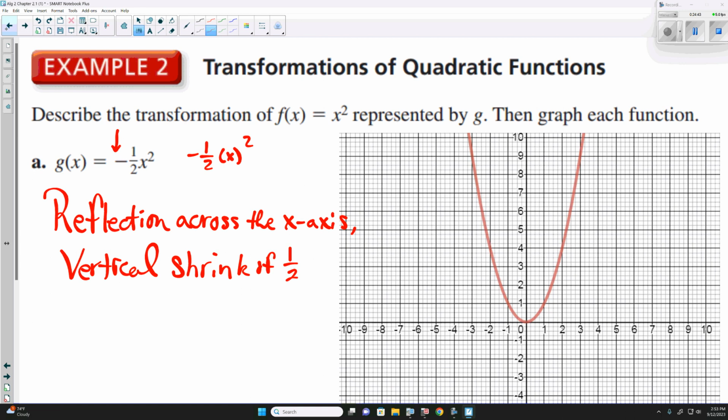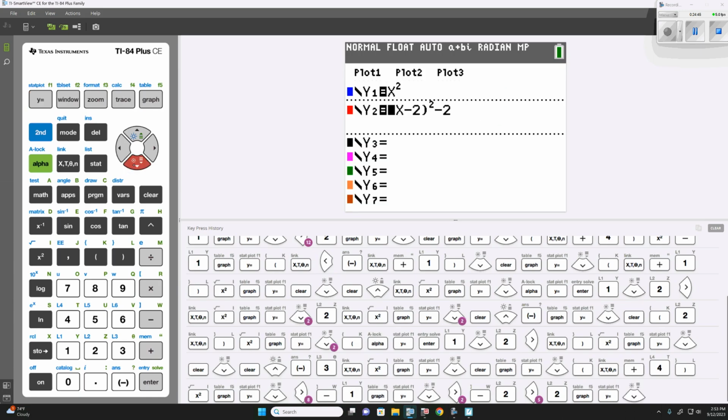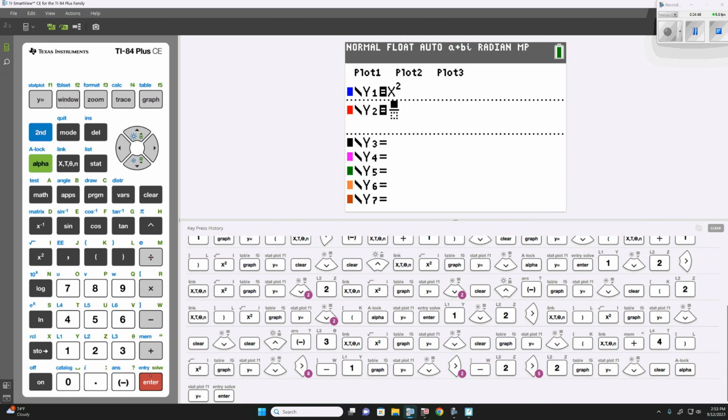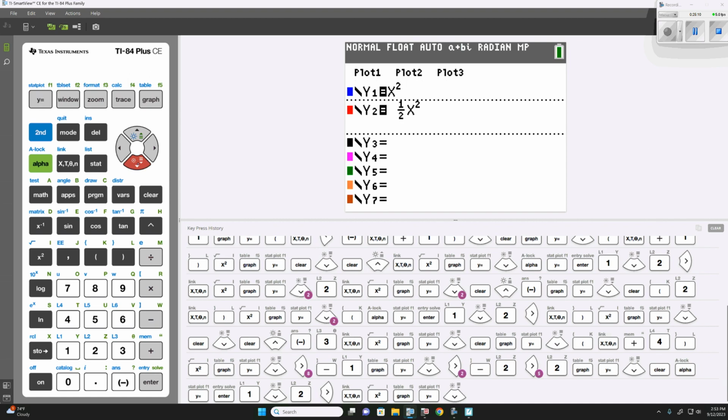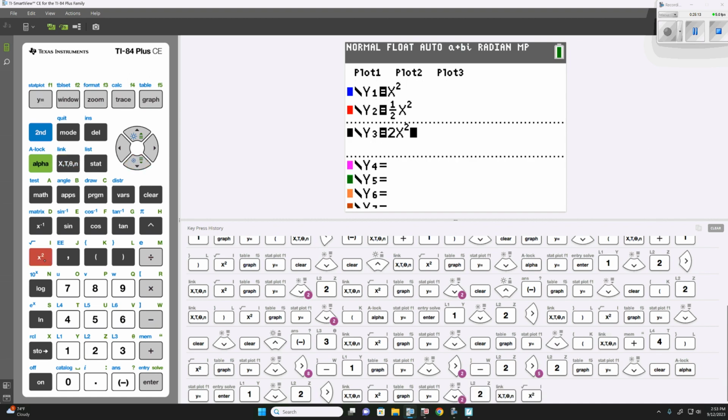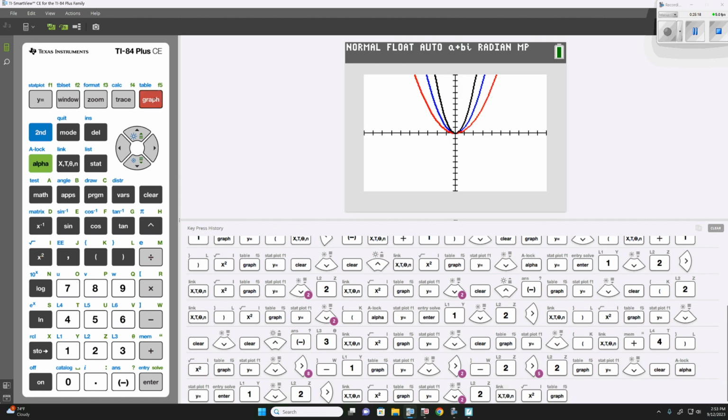So for this here, the one we have, -1/2 x squared, I'm going to just say 1/2 x squared is a vertical shrink, which means compared to the original function, it should be increasing slower along the y-axis, up and down vertically, which means it is wider. If we said it was 2x squared, this would be a vertical stretch, so it should be increasing faster than the original one, so it'll be skinnier.